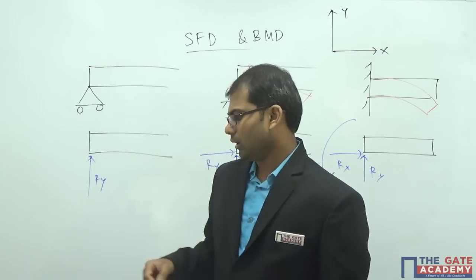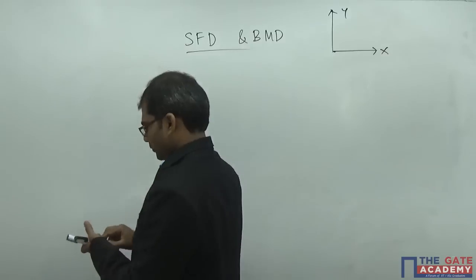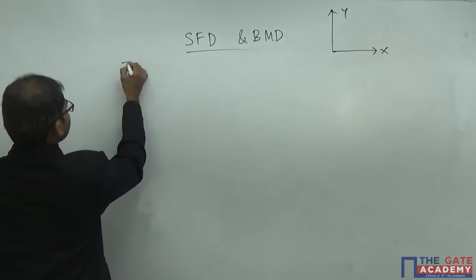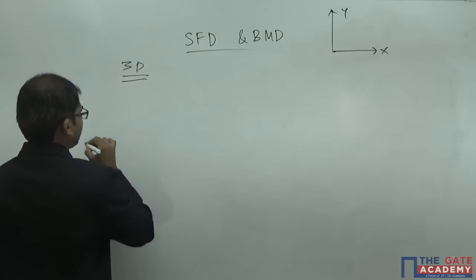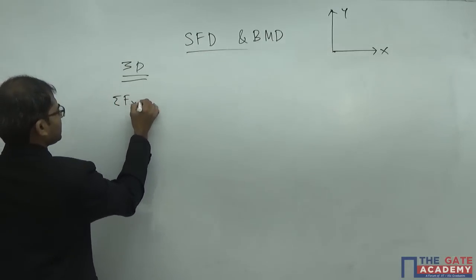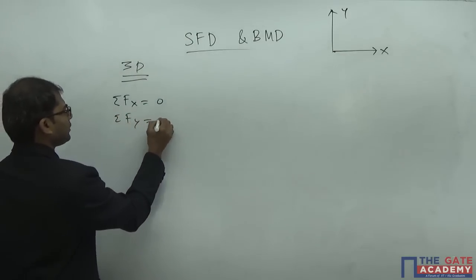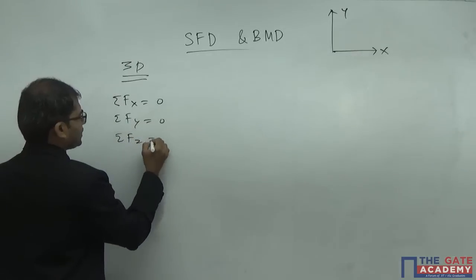So let me show you the equations here. If your member is experiencing loads in three directions, x, y and z, then your equations become sigma Fx equals 0, that means the net force in x direction must be 0, sigma Fy equals 0, sigma Fz equals 0.